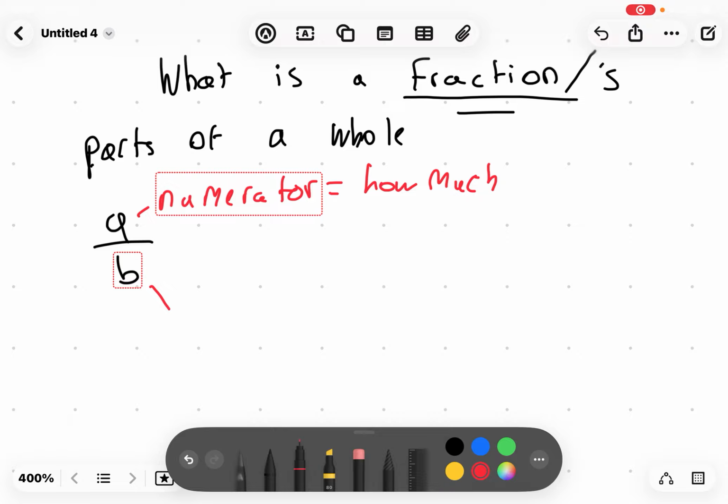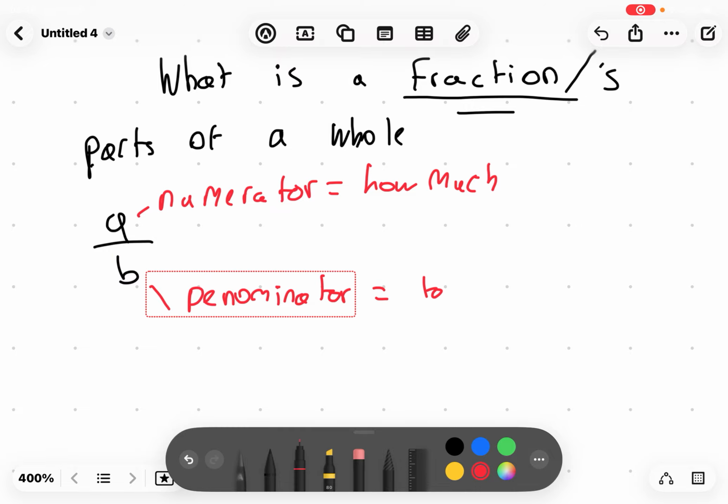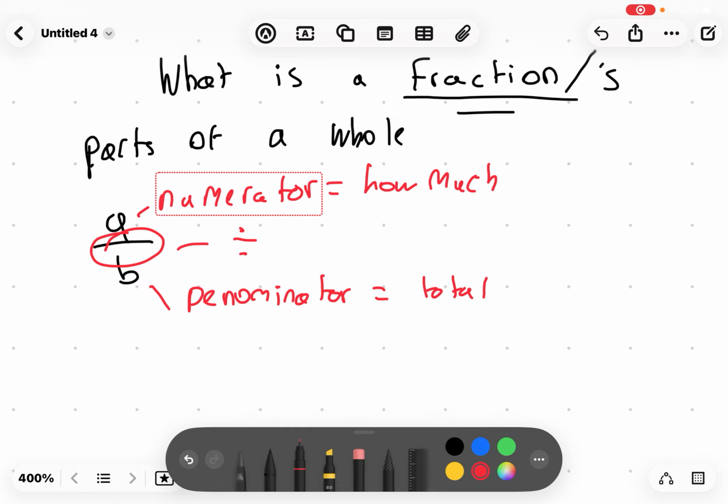And this is the denominator, and that is the total, how much that is. And this is the division operation. They don't quite actually divide them, though they do divide in calculators.